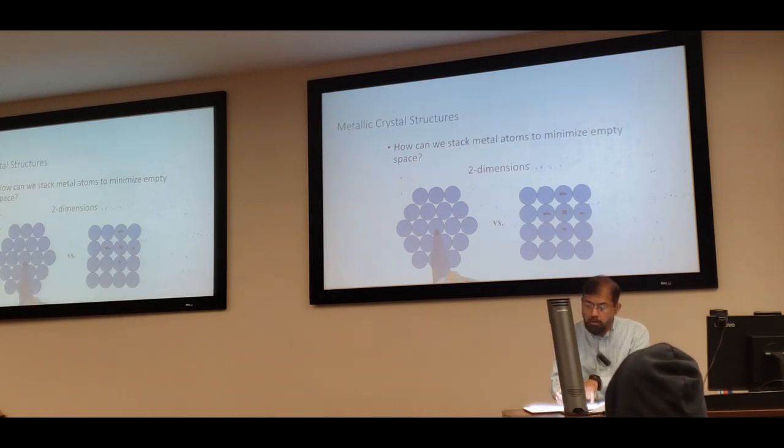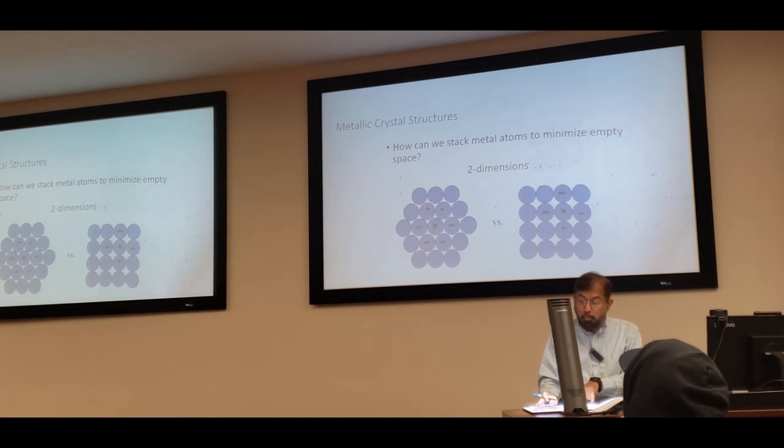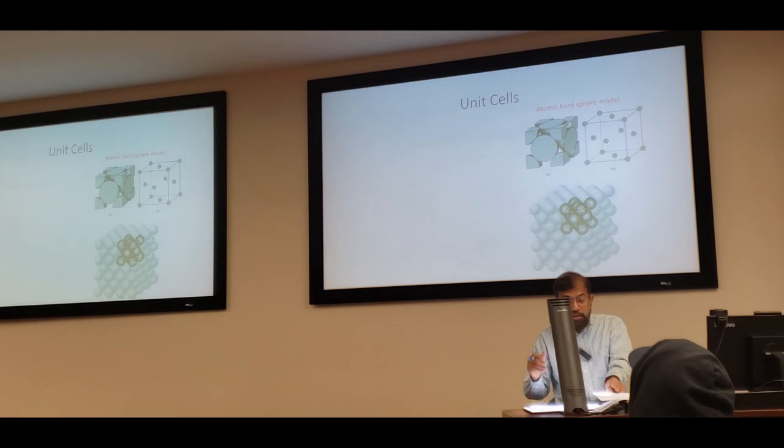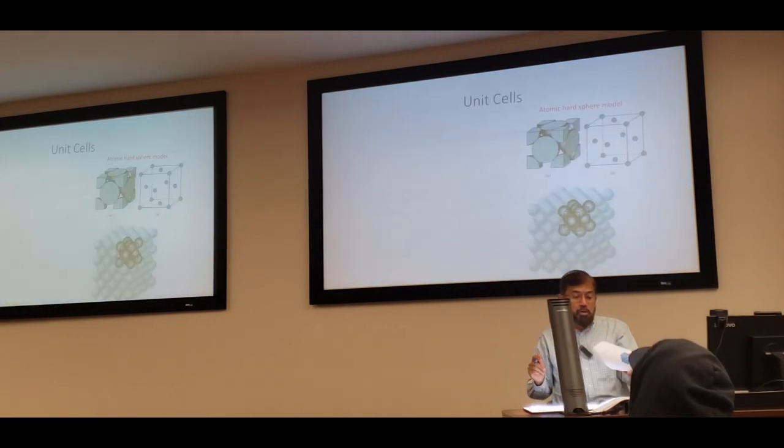Now look at this one. It is surrounded by 1, 2, 3, 4, 5, 6. Now you are going to stack other atoms on top of this, either on top of this one or on top of this one. You need to assume it like that.